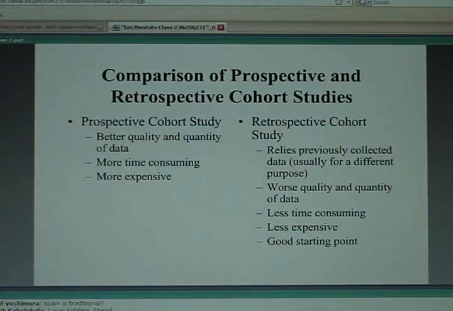If I could go back to the very beginning of today's slides, as you see, there's a lot I haven't covered, and that's why today's lecture will carry over until next week. We talked about different types of observational studies.